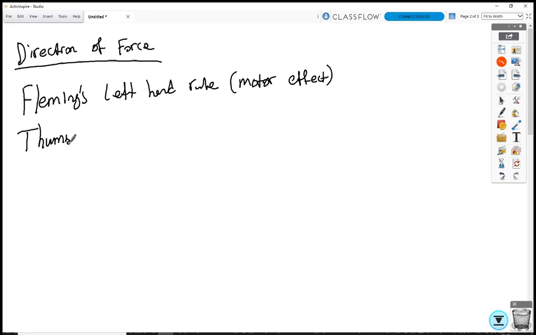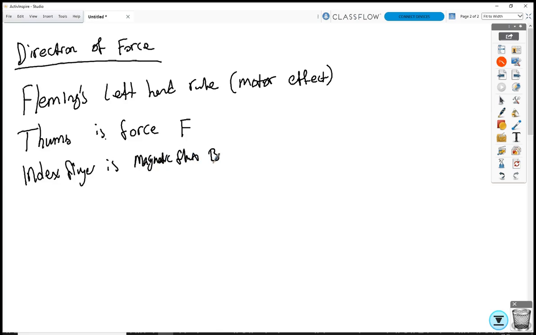So thumb is force, index finger is field lines or magnetic flux, and your middle finger is current. Put a box around that.